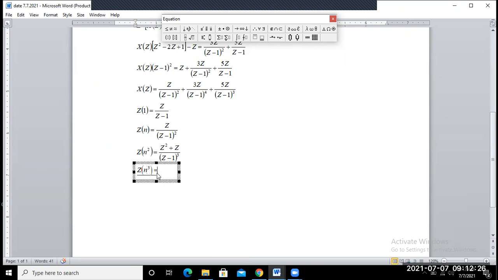is equal to z cube plus 4z square plus 4z by z minus 1 whole to the power 4.